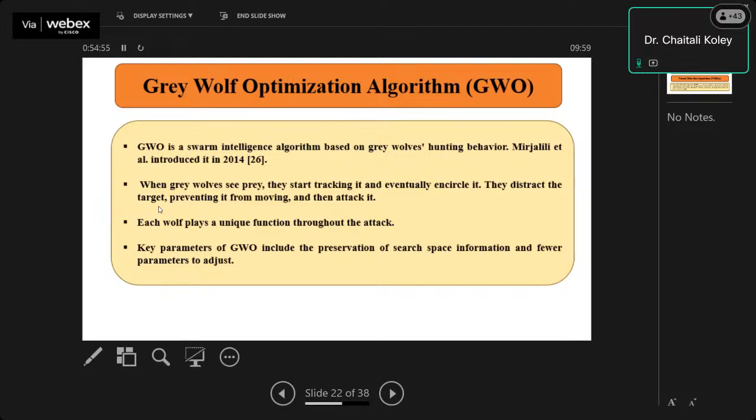What are the main phases of the gray wolf optimization algorithm? Tracking, chasing, and approaching the prey; then pursuing, encircling and harassing the prey until it stops moving. So the prey is confused and stops moving, and afterward the wolves can attack the particular prey.